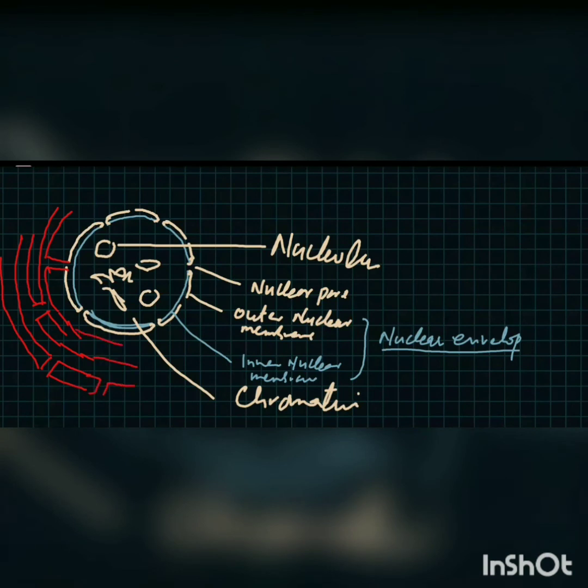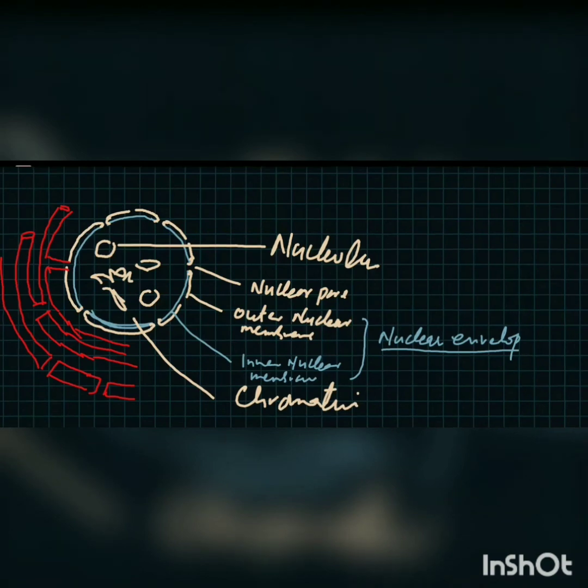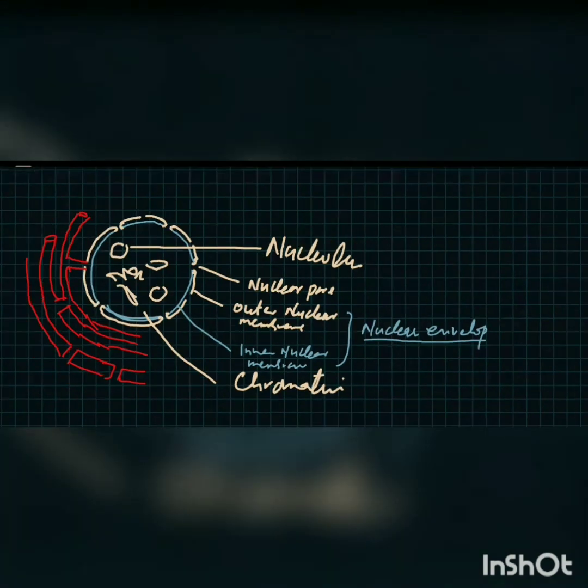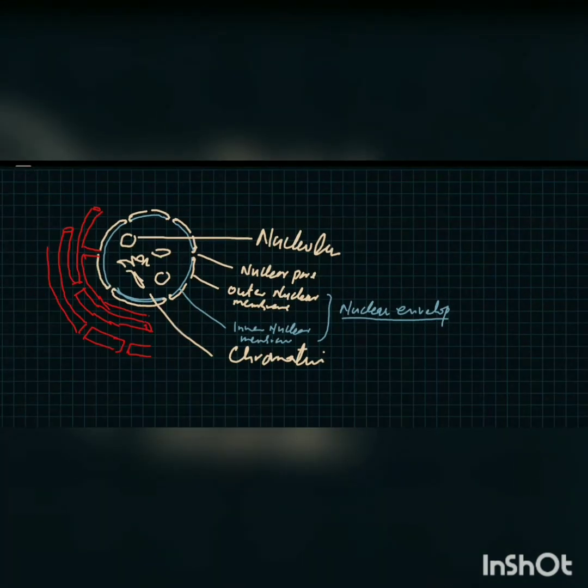Okay, so this network of interconnected tubules or channels is known as endoplasmic reticulum. This is called endoplasmic reticulum. Okay, there are two types of endoplasmic reticulum.